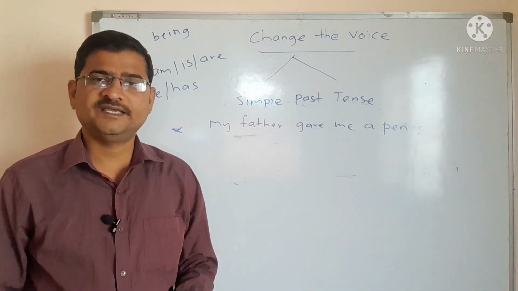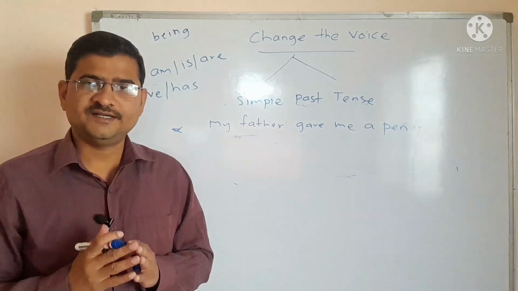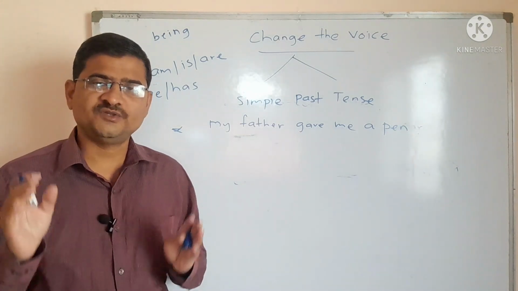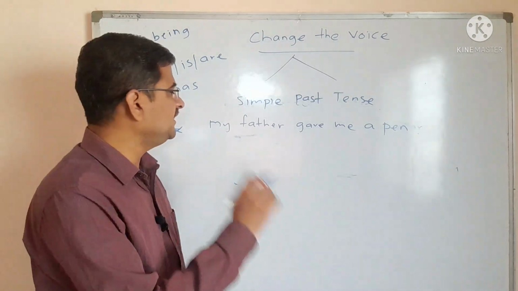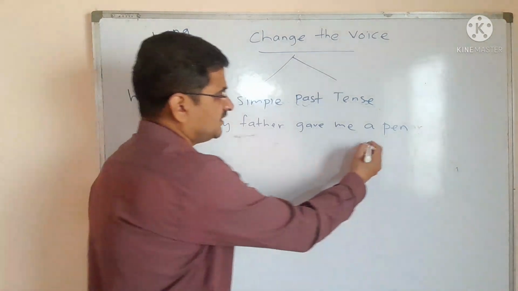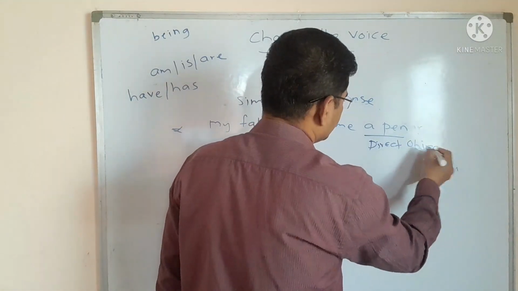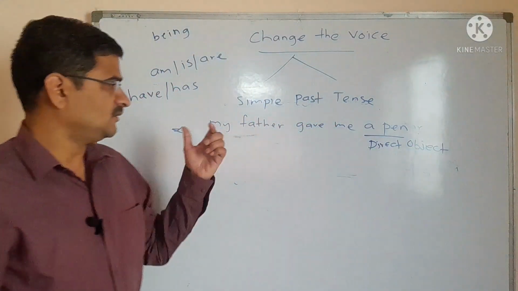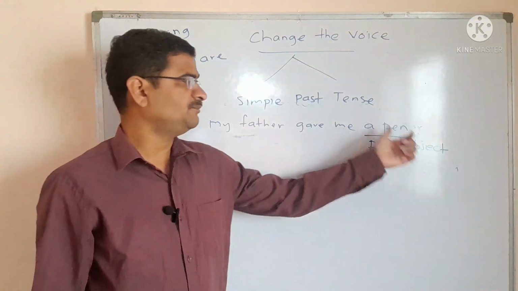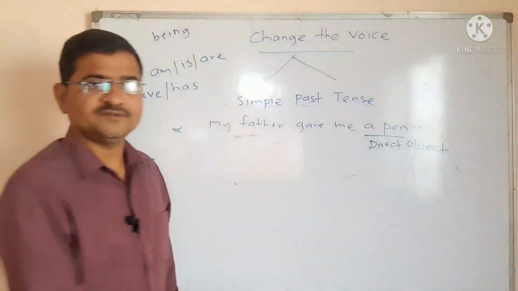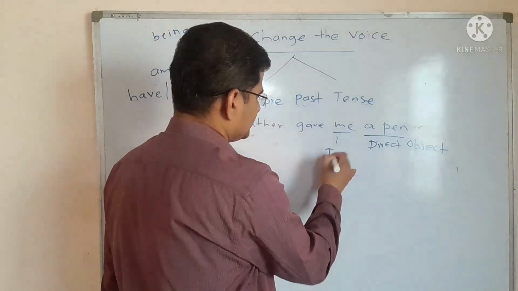So you can get the direct object by asking the question with what or whom. What did my father give me? A pen is the direct object. Okay, direct object. My father gave me a pen. Here me is an indirect object.